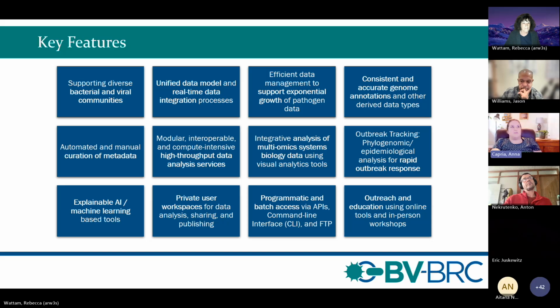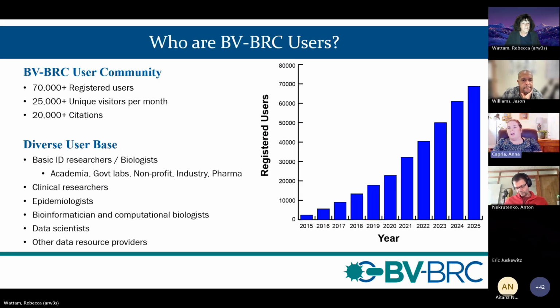And so you might be wondering if you can see yourself as a BBBRC user. So on the next slide, you can see who our BBBRC users are. We have over 70,000 registered users that come to the site 25,000 times a month. We have over 20,000 citations, and our community continues to grow.